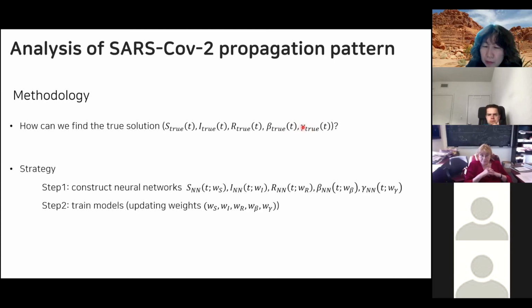That's why I brought in the new methodology of the neural network and applied it. So the strategy, step 1, is to construct a neural network like this. And then step 2, we train the models and update the weights like this.